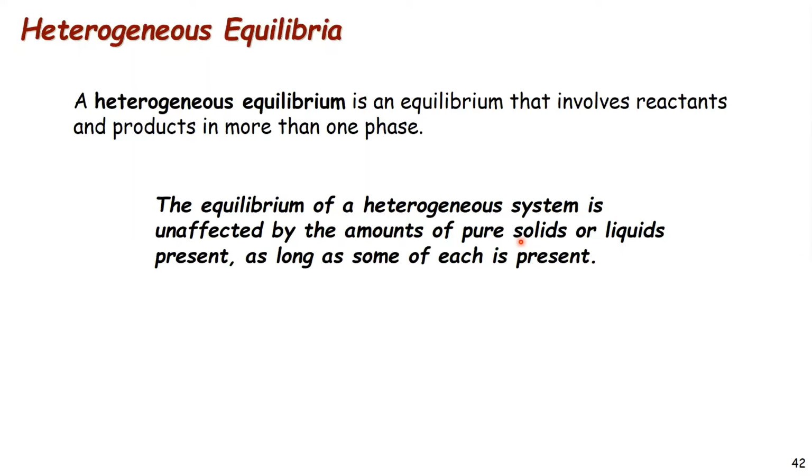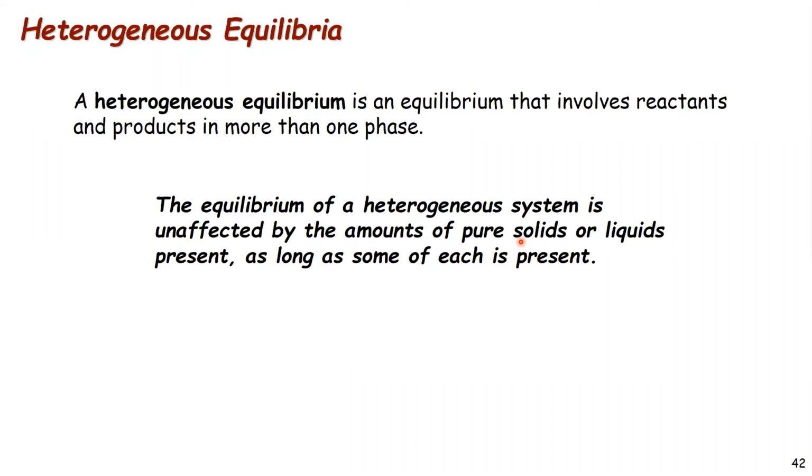Are there situations in which we can't? Yes, of course, but we're not going to deal with them. They become very complicated very quickly. But we're going to see how sometimes those pure liquids and pure solids actually get incorporated into the equilibrium constants themselves, since that value remains constant.